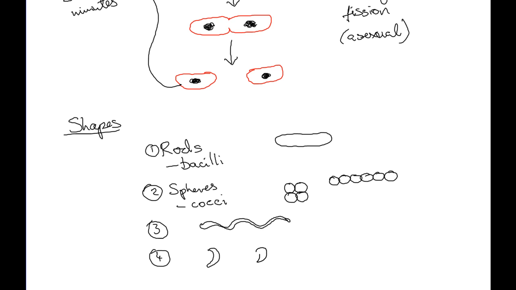Sometimes not shaped like that, but also like this. And then these are the comma-shaped bacteria. The most commonly known one is Vibrio cholerae, and that was responsible, as the name suggests, for the cholera epidemics that occur in the world still in developing countries. In the underdeveloped countries, cholera is still a big issue. So that's the shapes of bacteria.